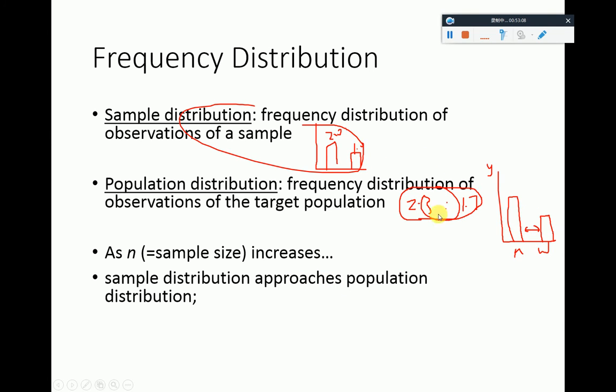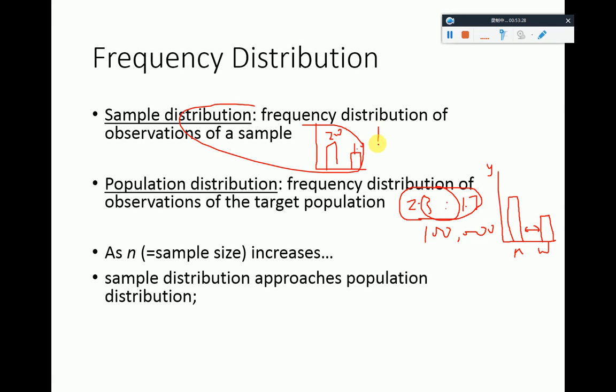Imagine we have a population of 100,000 people here, and we calculate that the population distribution of gender is 2.3 over 1.7.